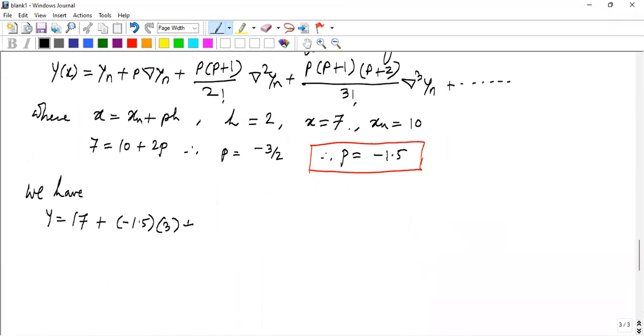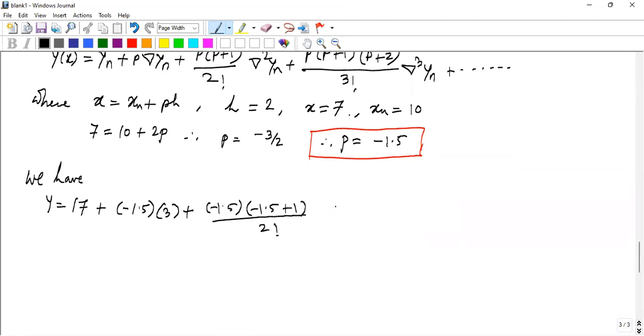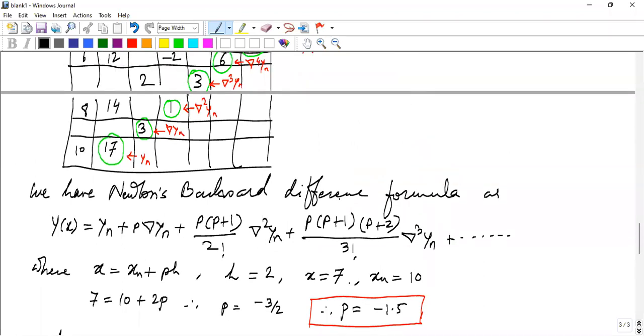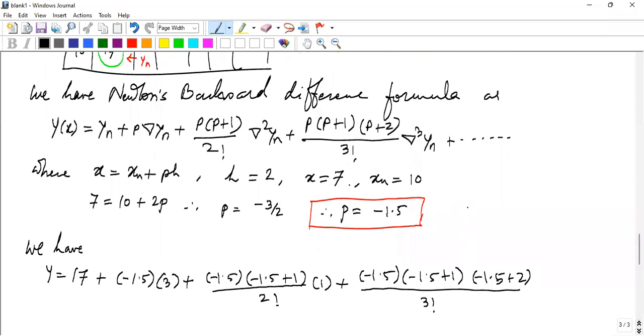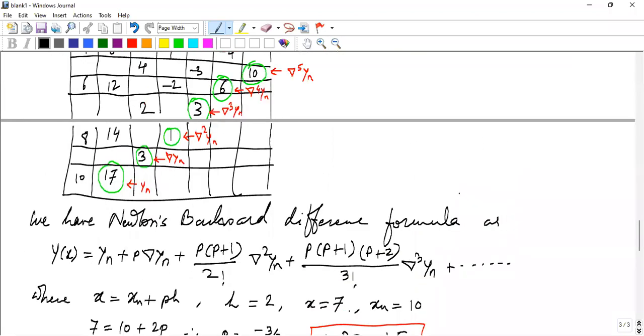So we have 3 plus minus 1.5 into minus 1.5 plus 1 by 2 factorial, and here del square yn is going to be 1. Plus minus 1.5 into minus 1.5 plus 1 into minus 1.5 plus 2 by 3 factorial, and here we have del cube yn.